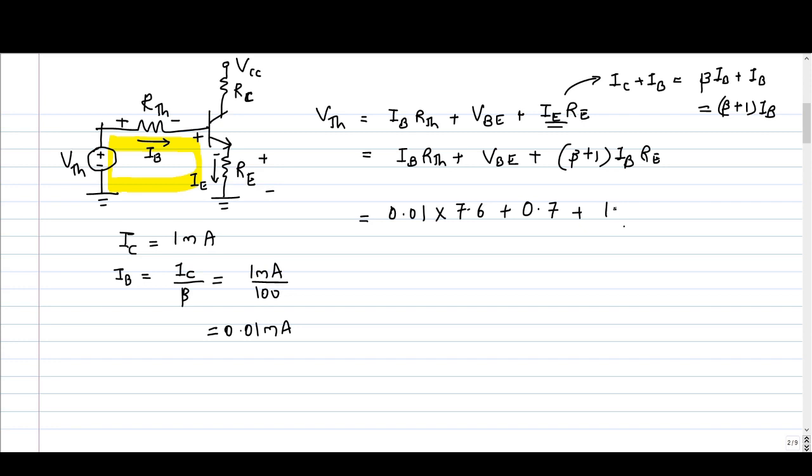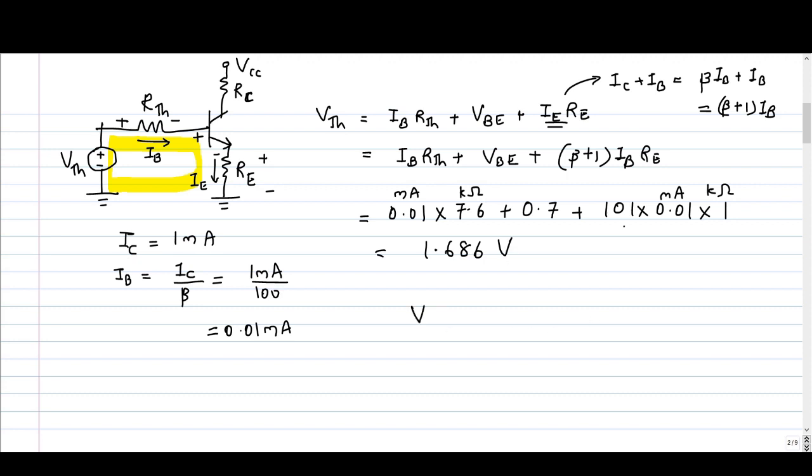Then beta plus 1 is 101. IB is 0.01 milliampere. RE is 1 kilo ohm. Please remember that I have substituted the currents in milliamperes and resistances in kilo ohm, so the answer will be in volt. If you simplify this, you will get 1.686 volt.